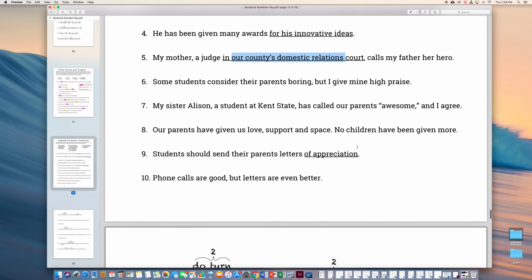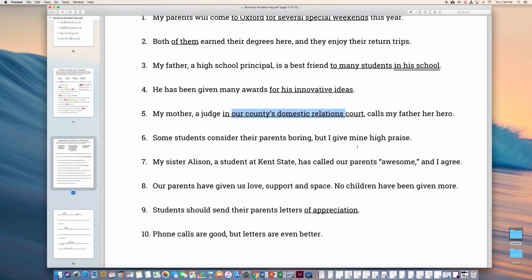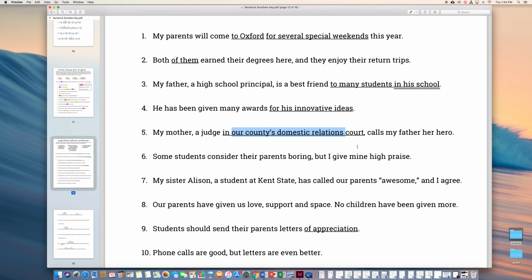Okay, so one way to do this exercise is to look for the prepositional phrases and isolate them first, right? I would do simple subject, simple predicate first, and then sort of strip things down by figuring out what the prepositional phrases are and understanding that those are really just phrases that become modifiers. They become adjectives and adverbs.